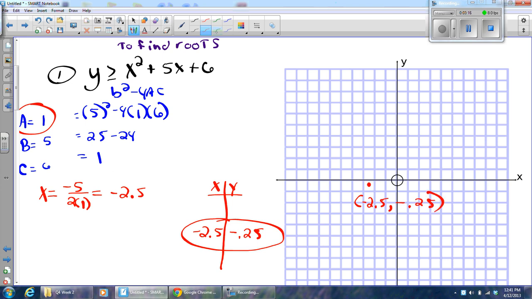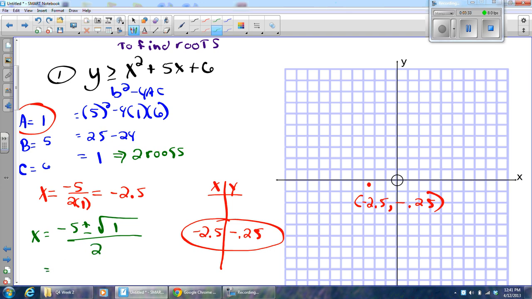Now, there are two solutions, right? That's what this means, two solutions or two roots. So I'm going to use the quadratic formula to go and find them. I'm going to do the negative of b plus or minus the square root of 1. Remember, I've already done the b squared minus 4ac part. And that'll be over 2.